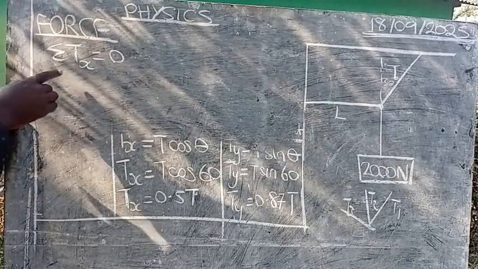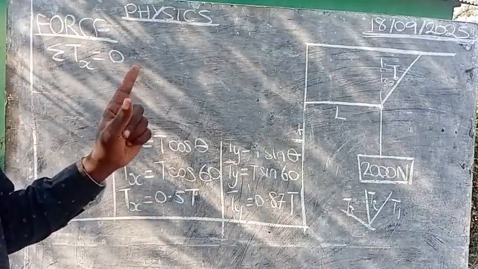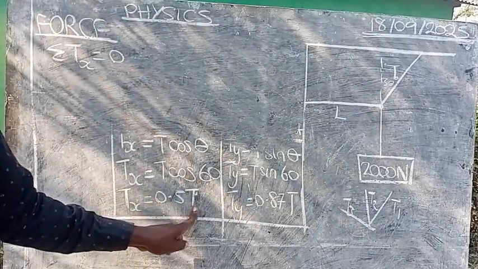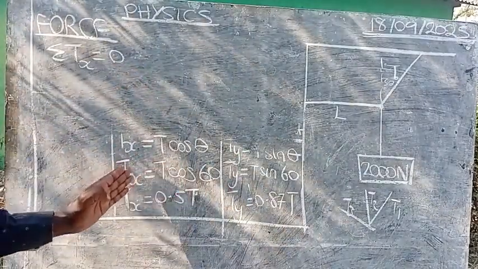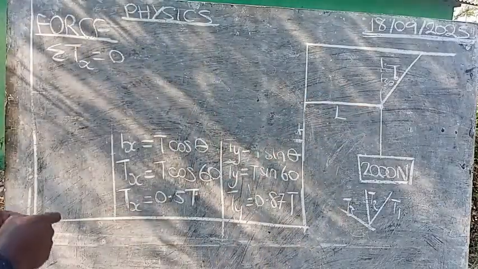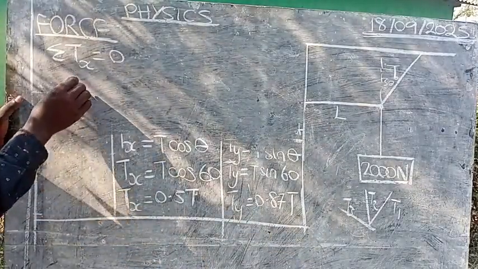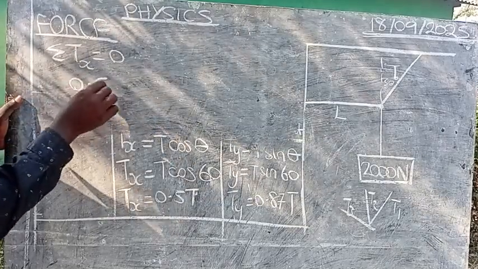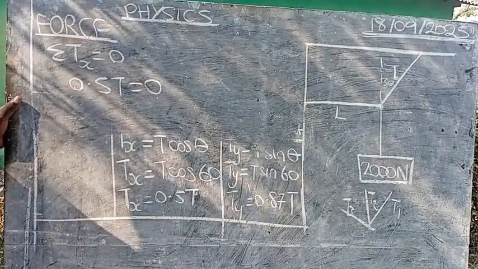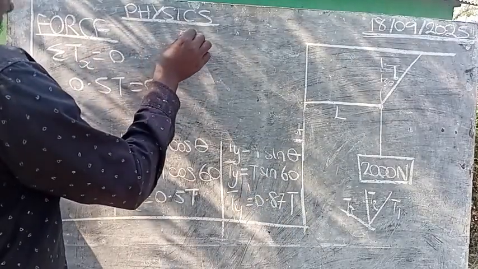In the x-axis, we only have 0.5T. We don't have another force acting. So 0.5T will be equal to 0, and it ends here.